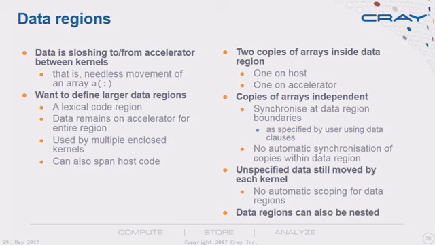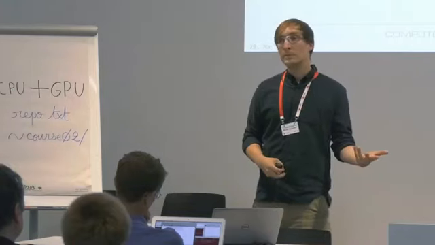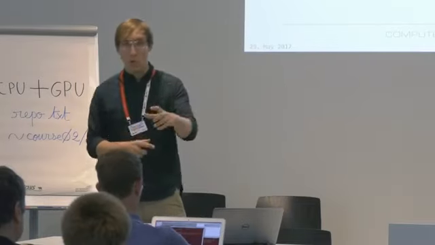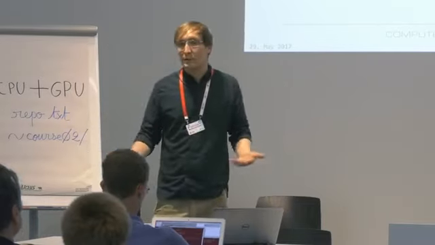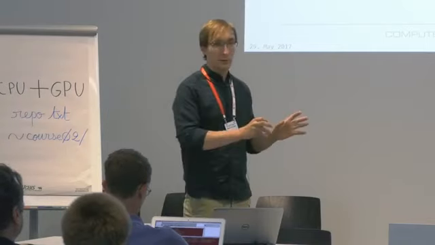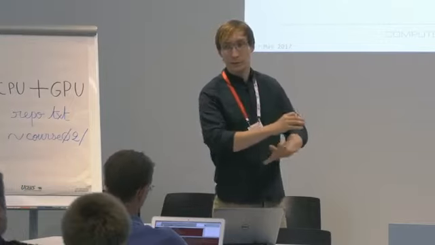Within this data region, we have to keep in mind that we then have two copies of our data: one copy on the GPU and another copy on the CPU. Between our two or more kernels, we can, for example, also act on the data on the GPU, so you really have to pay attention to what you are doing there.